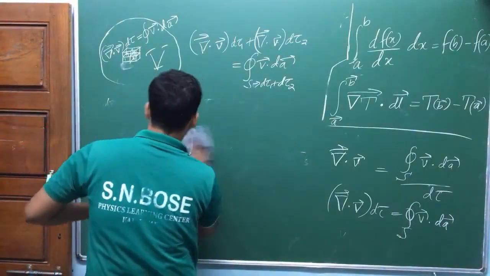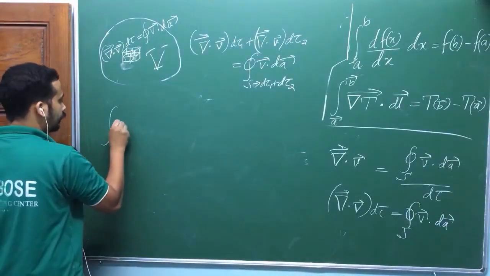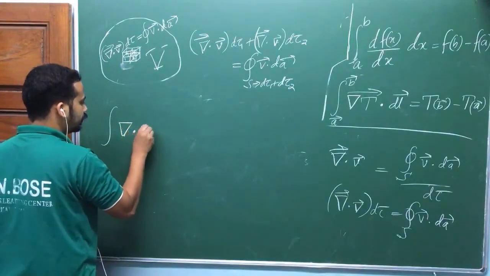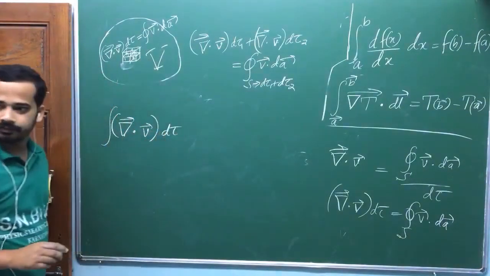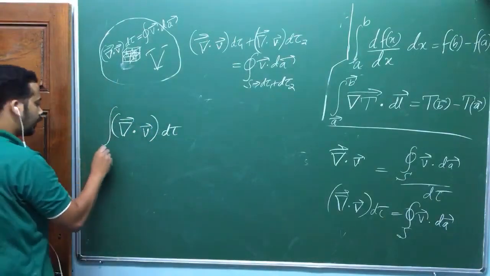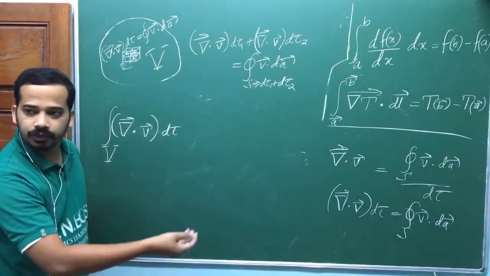So we take an integral of del dot V dτ, because these are infinitesimal, am I right, over this volume V.